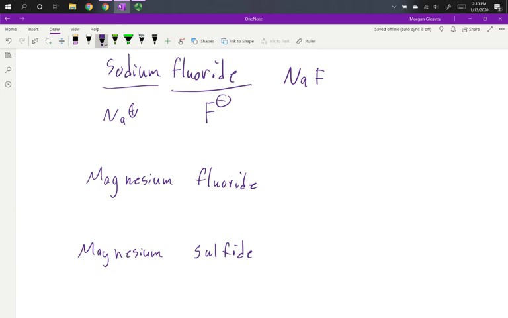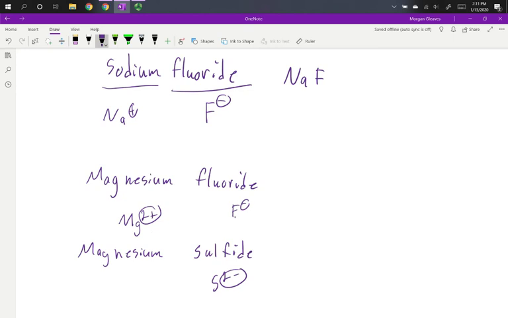Alright, if you gave it a shot, let's think about it. So magnesium, in both cases, is Mg with a 2+. Now fluoride was F with a 1-, and sulfide was S with a 2-. Well, I have two positives, and I need two negatives to balance them.